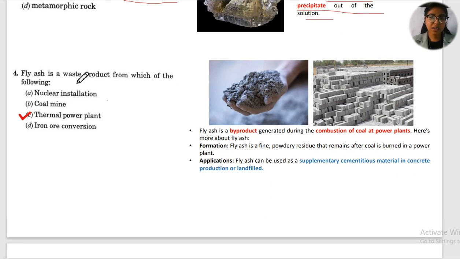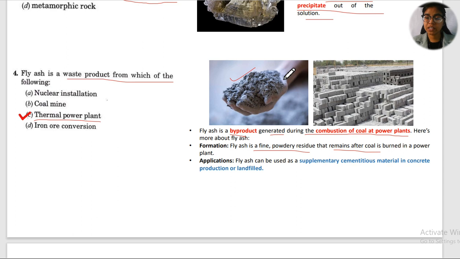Next you have: fly ash is a waste product from which of the following? As we have seen in the previous question also, it is a waste of the thermal power plant. Fly ash is a byproduct generated during the combustion of coal at power plants. It is a fine powdery residue, as you can see in the image, that remains after burning of the coal.